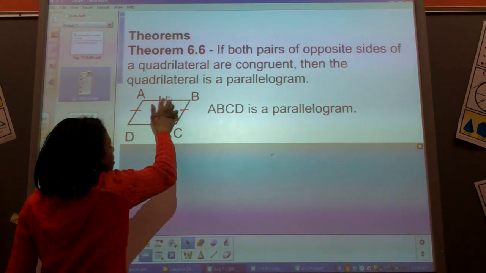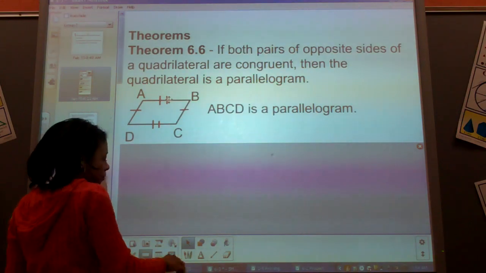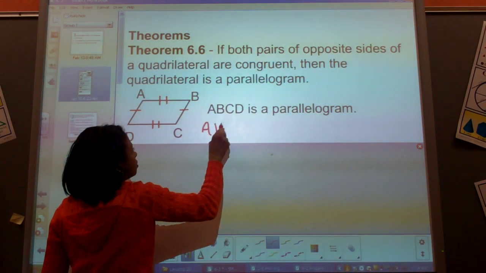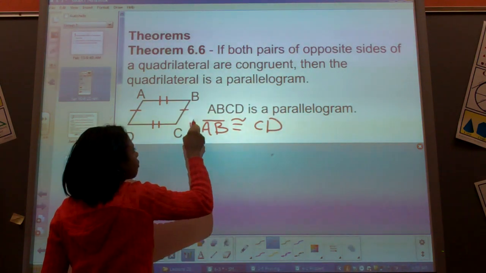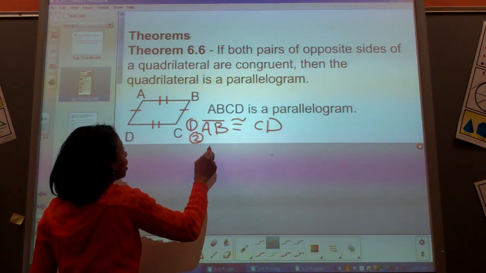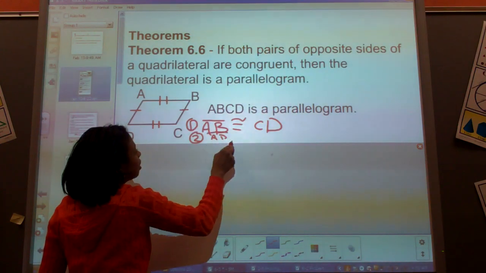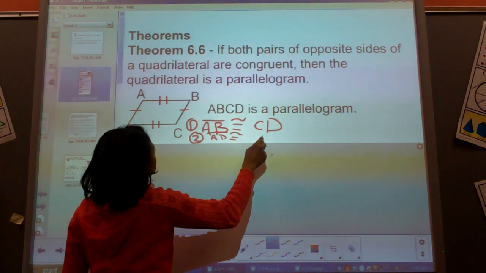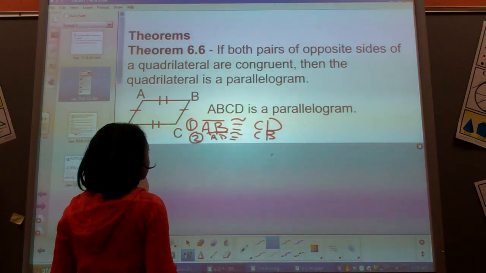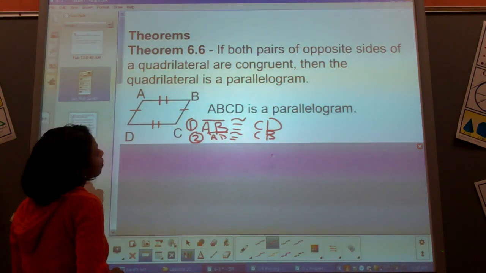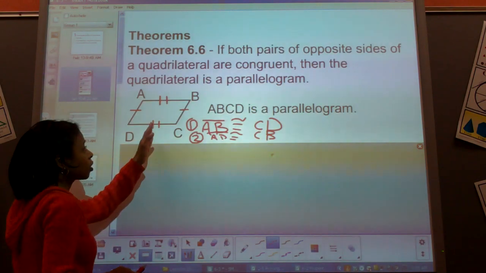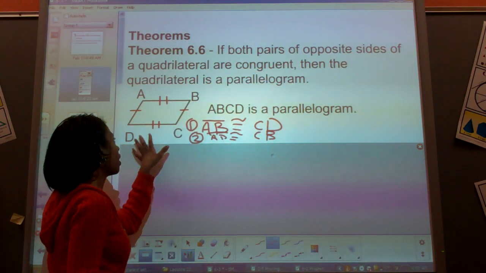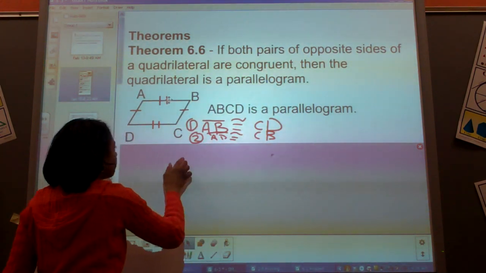So the first pair is AB congruent to CD. And our second pair is AD congruent to CB. Because I have one pair and a second pair that are congruent, the quadrilateral ABCD is a parallelogram.